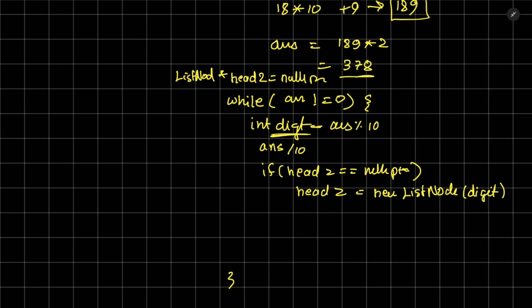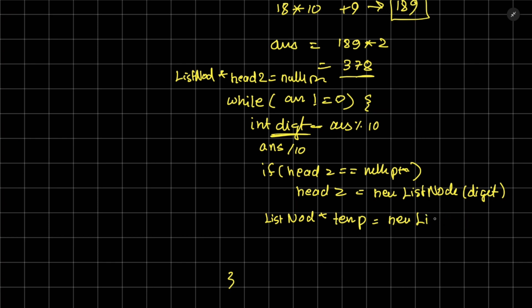And if the head is not empty, we can make another list node, let's say temp. So ListNode star temp, and our temp will be a new ListNode of digit that we want to add.